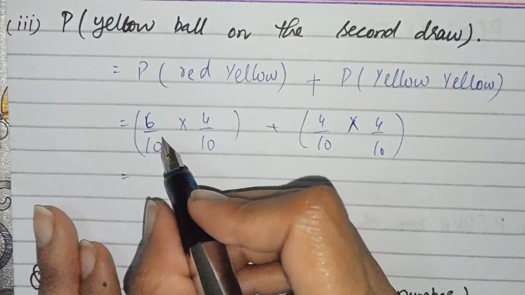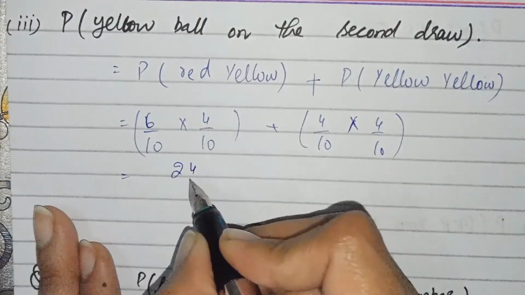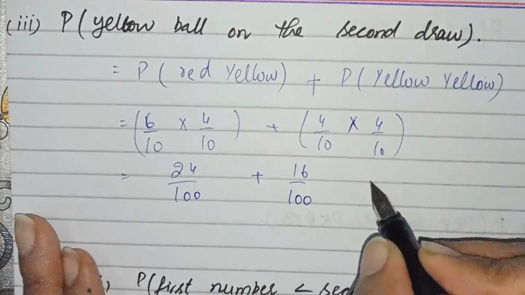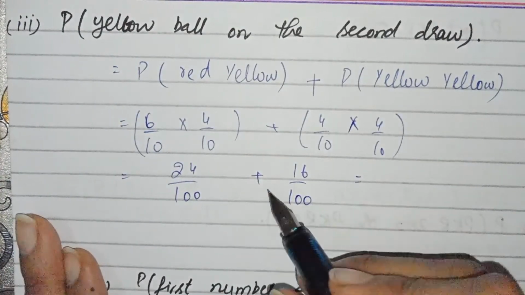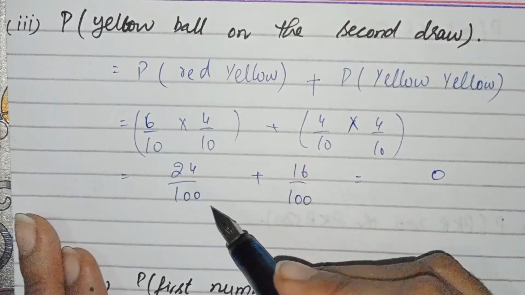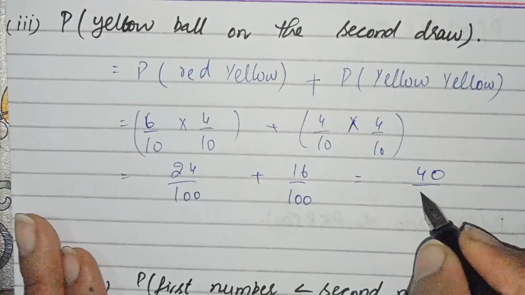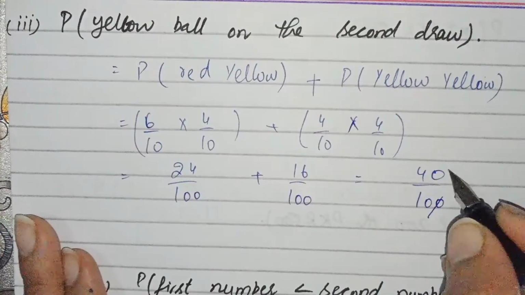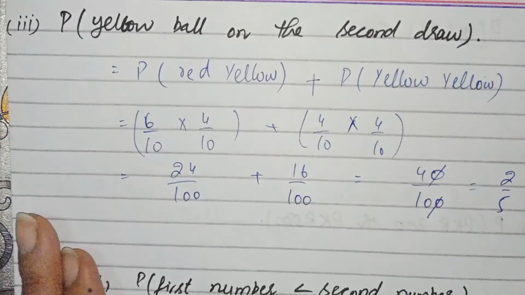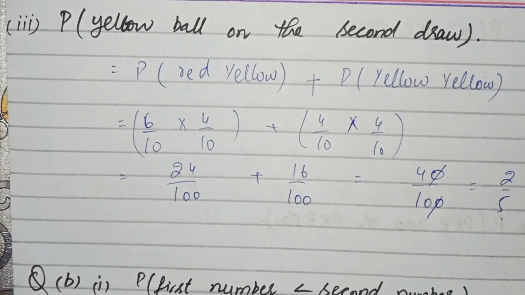This gives 24 over 100 and 16 over 100, and by adding we get 40 over 100. It cancels down to 2 over 5, the probability of getting the yellow ball on the second draw. Question number 2 is solved.